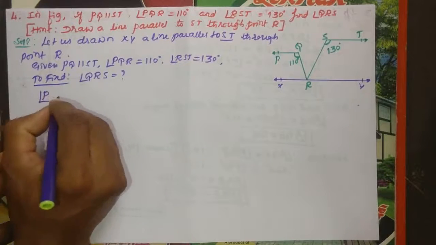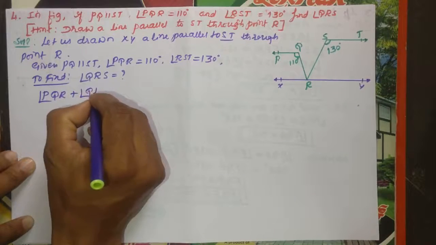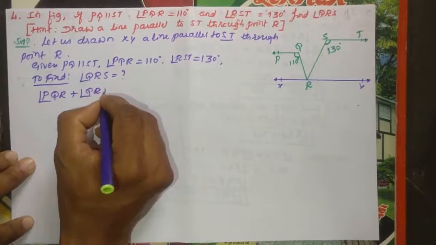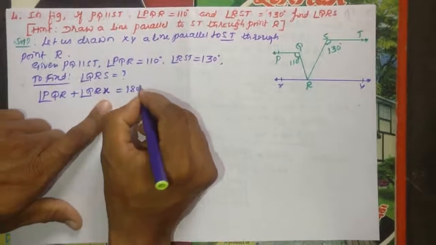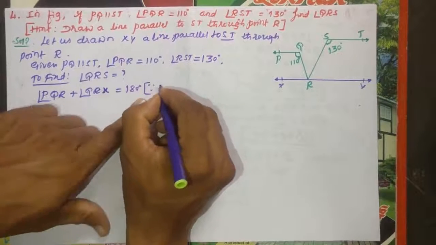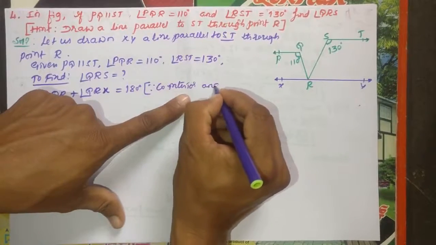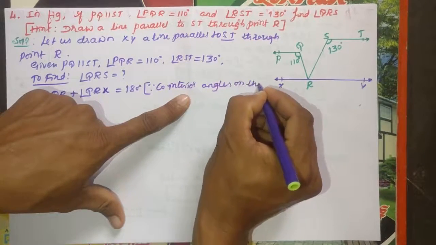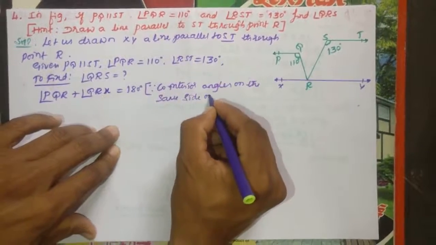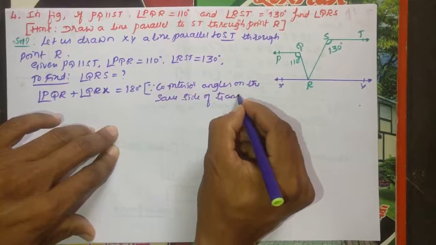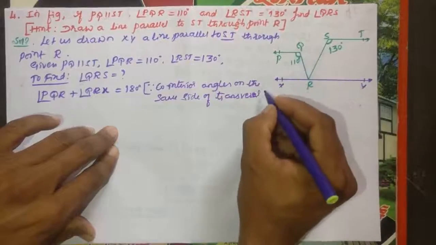Angle PQR plus angle QRX is equal to 180 degrees, because co-interior angles on the same side of the transversal QR.